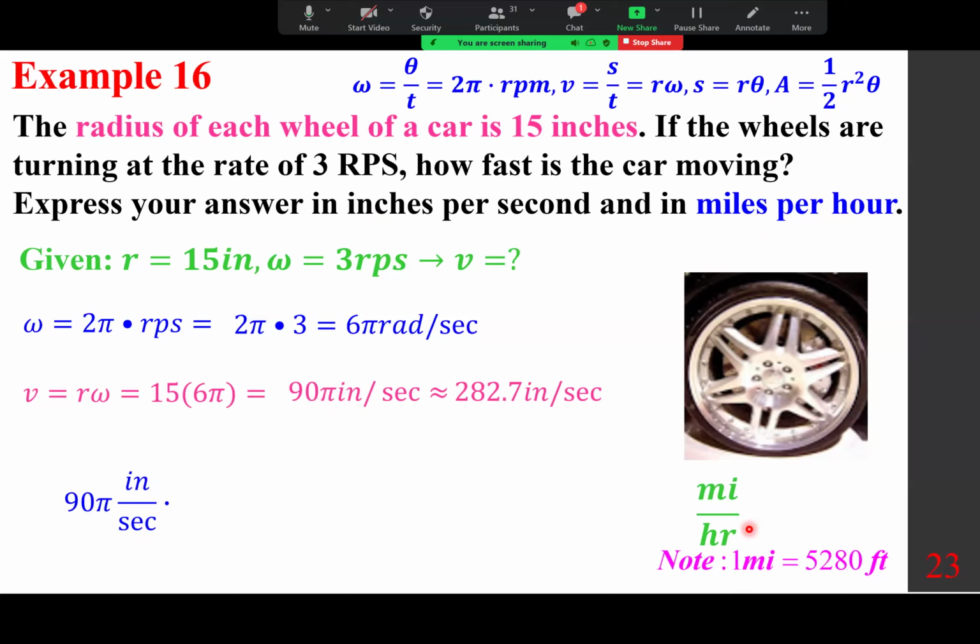Think about the conversion we need, knowing that 1 mile is 5,280 feet. 1 foot, 12 inches. 1 mile, 5,280 feet. 1 hour, 60 times 60, 3,600 seconds.